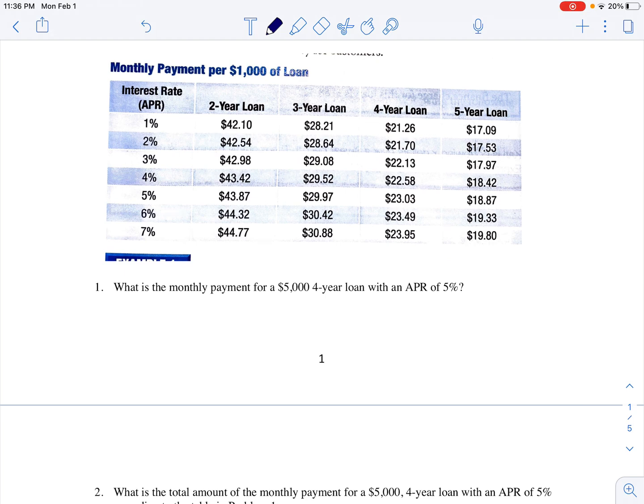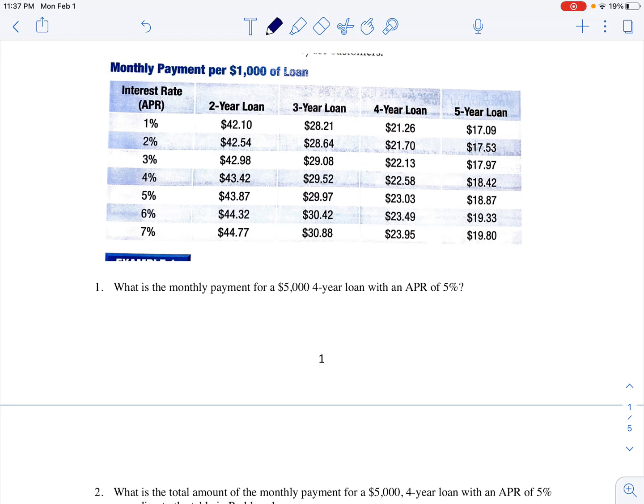Okay, let's go on to the next one on how you got to read this chart right here. Okay, this is monthly payments per $1,000 loan. So let's take a look at here. We want to know the monthly payment for a $5,000 loan with an APR of 5%, a 4-year loan with an APR of 5%.